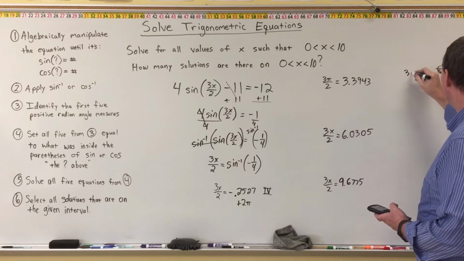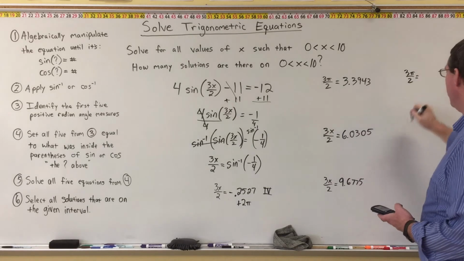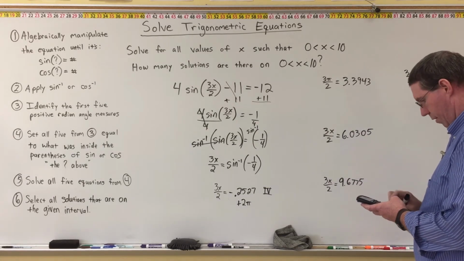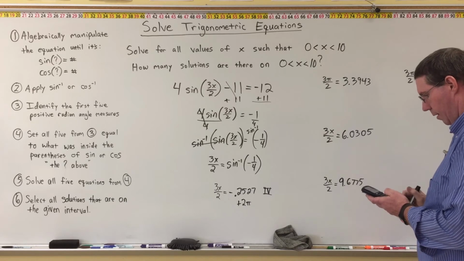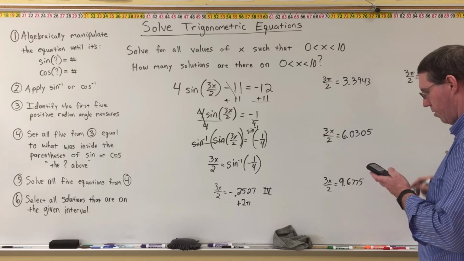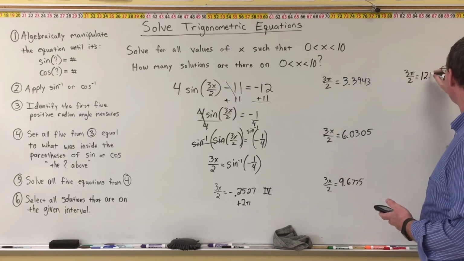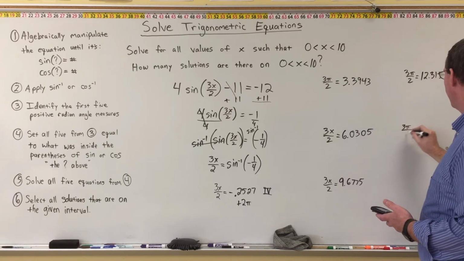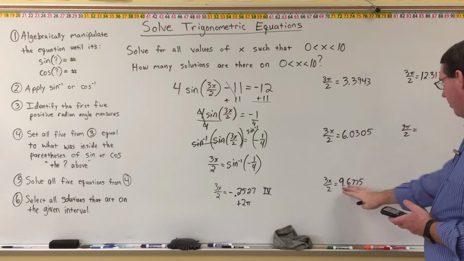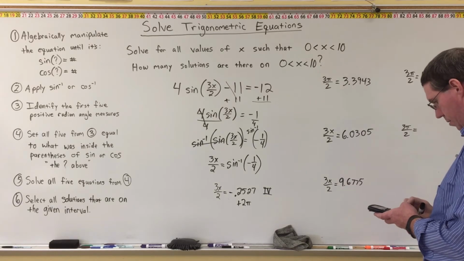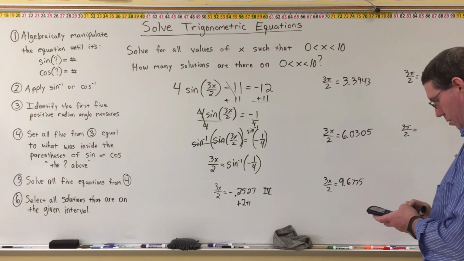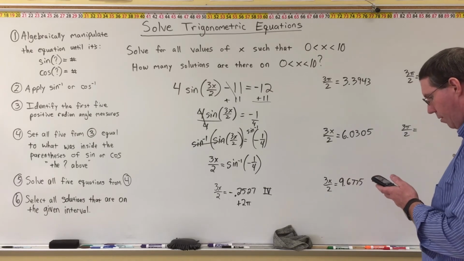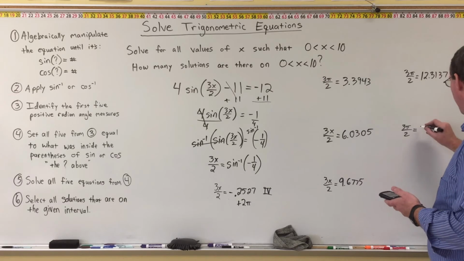Then 3x over 2 equals, I'm going to take this one and add 2 pi. 6.0305 plus 2 pi gives me 12.3137. Last one, 3x over 2 equals, I'm going to take this one and add 2 pi. So coterminal to this is 15.9607.